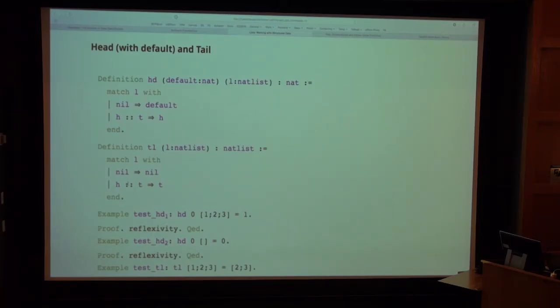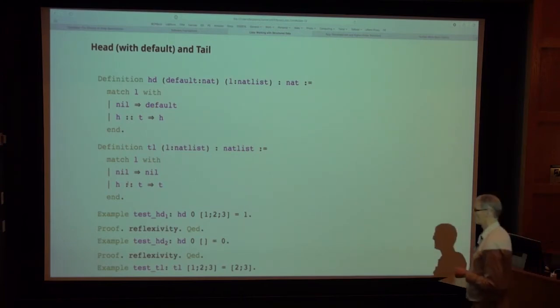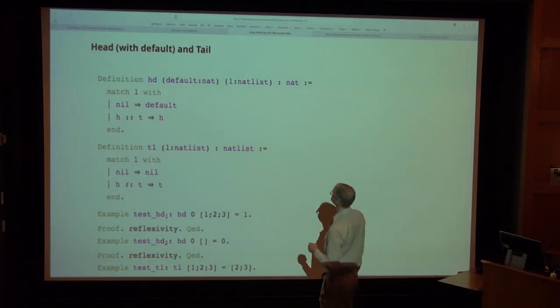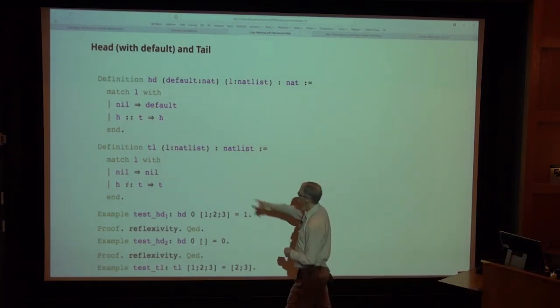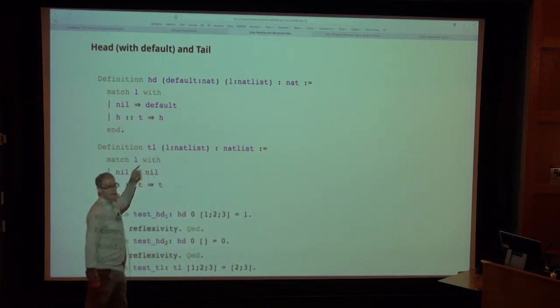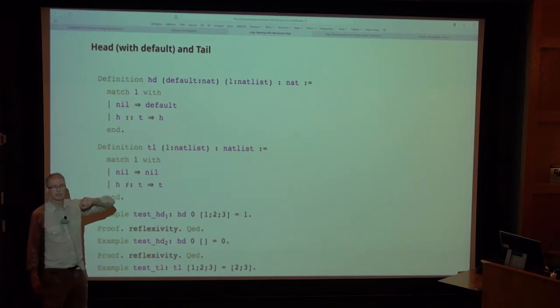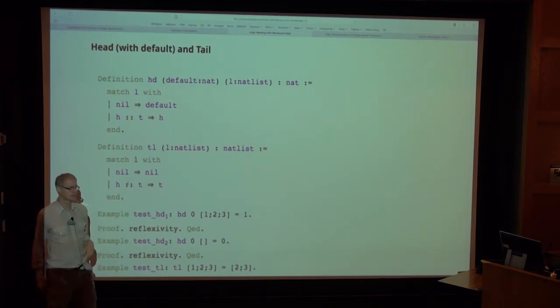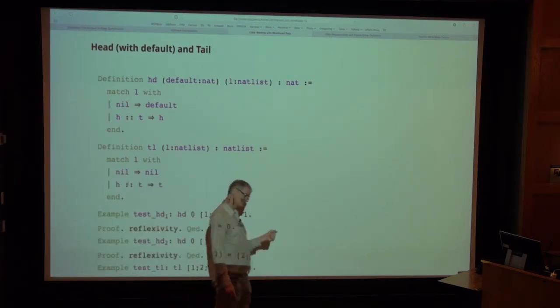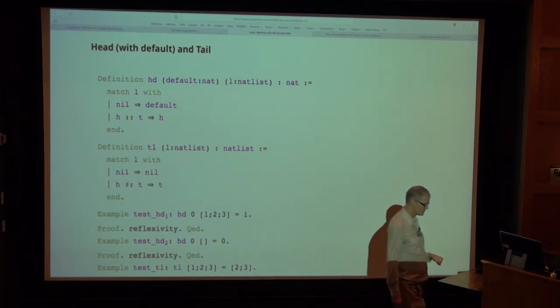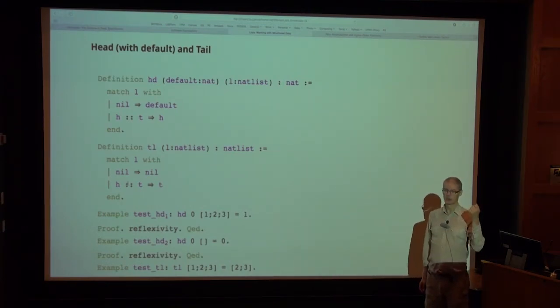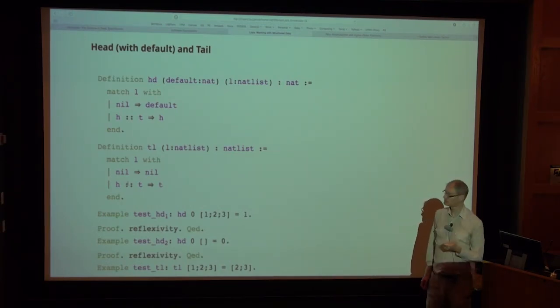But here we run into a little discussion about the fact that Coq is total. So the tail function looks exactly like the tail that we would write in ML or Haskell, but the head function has a default argument. So it has to take two arguments, the list that we're taking the head of and the thing to return if the list happens to be empty.